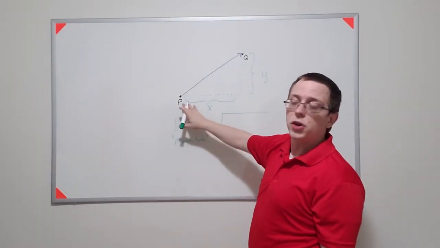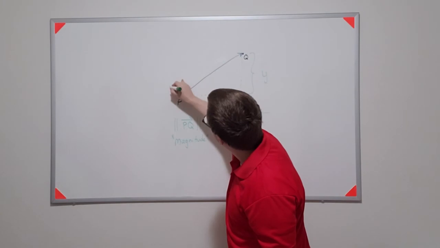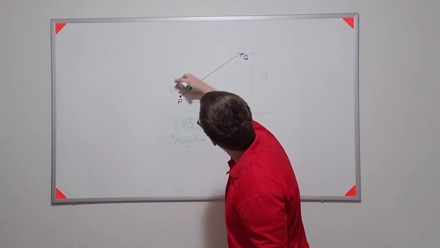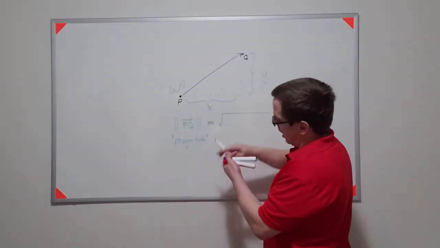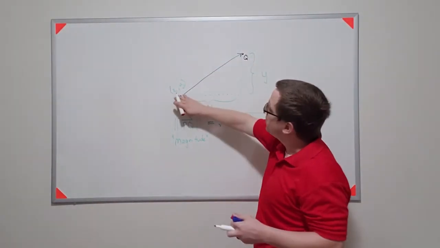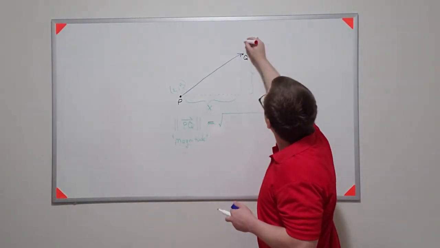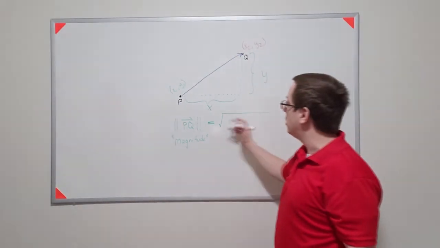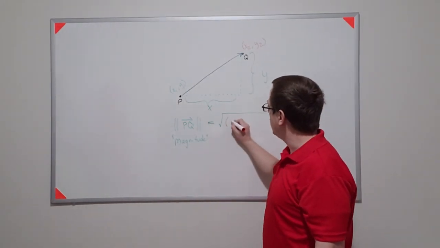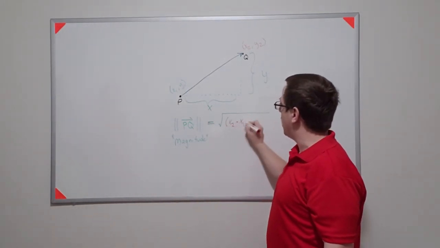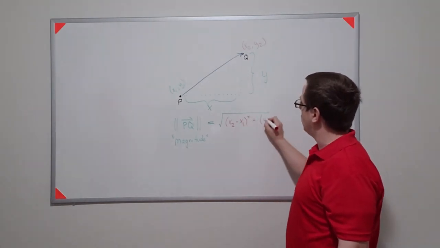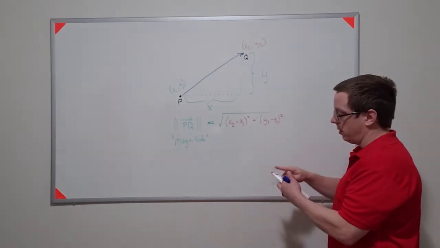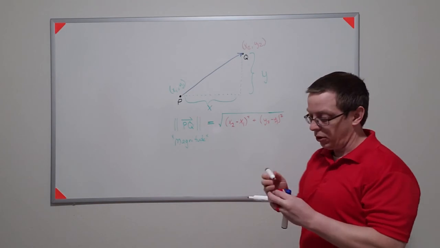So if P was at x1, y1, and Q was at x2, y2, then if you remember from the distance formula, the magnitude of PQ is the square root of (x2 minus x1) squared plus (y2 minus y1) squared, all under a square root, right?